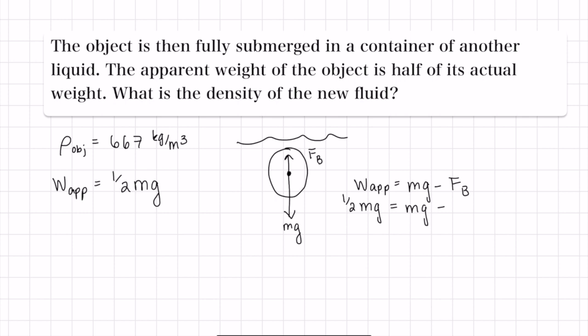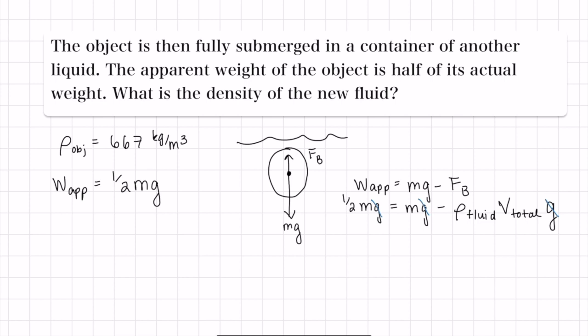And then I'll also substitute in for FB, that's going to be density of the fluid. Since the total object is submerged, I'm just going to write that as V total, times g. I'm going to go ahead and cancel out a g from everything.